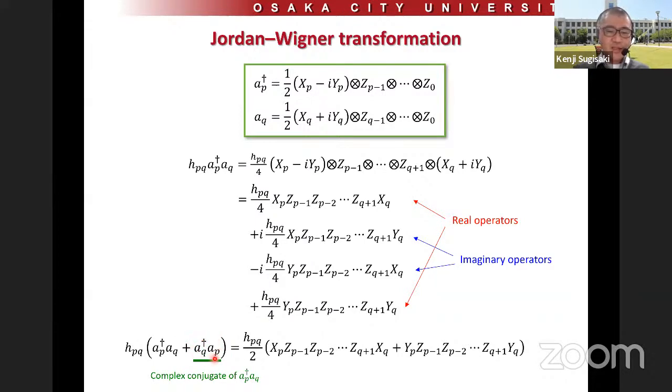If we calculate the summation a_p† a_q plus a_q† a_p, which is the complex conjugate of a_p† a_q, the imaginary part has a different sign from the original one. So summing these two terms will result in only real operators.